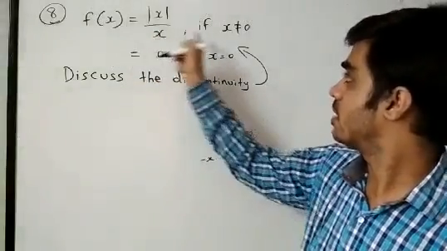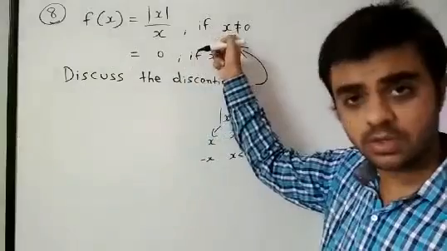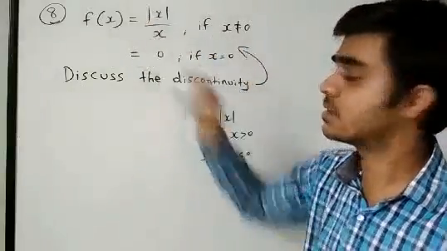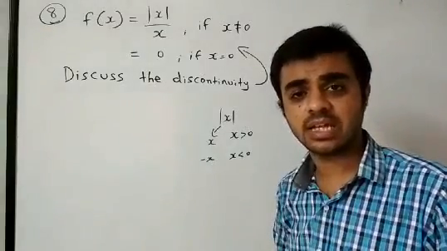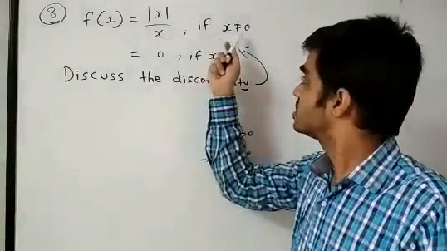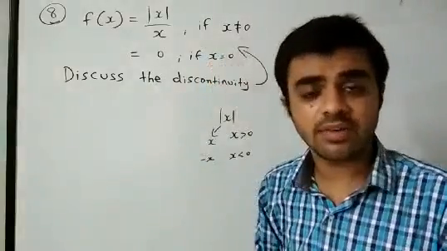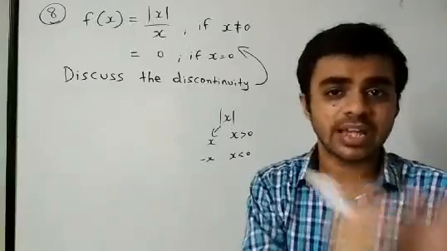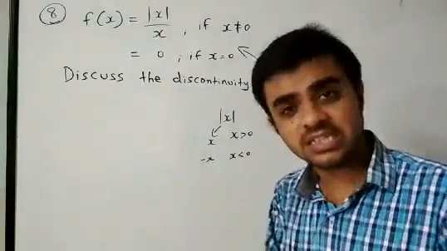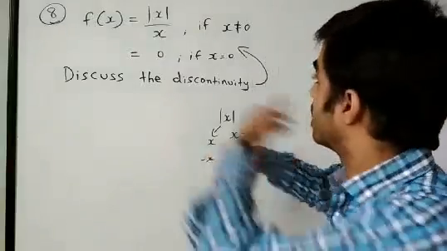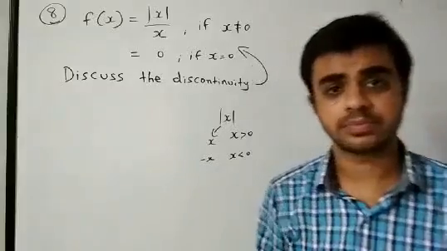So here, if x is not equal to 0, then modulus x divided by x. But what happens here is that x is not equal to 0. They have not given that x is less than 0 or x is greater than 0. Here both cases are possible. x can be less than 0 also and x can be greater than 0 also.